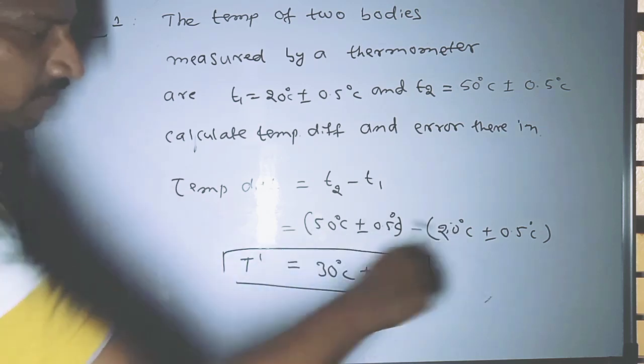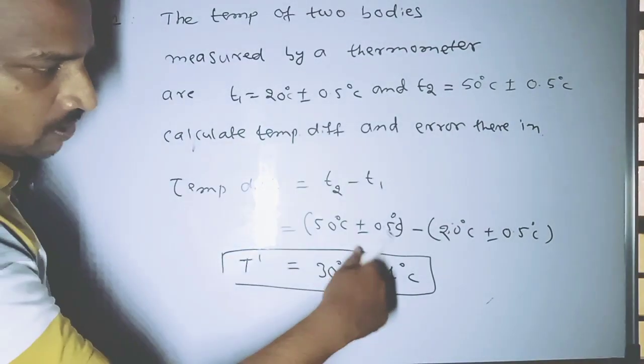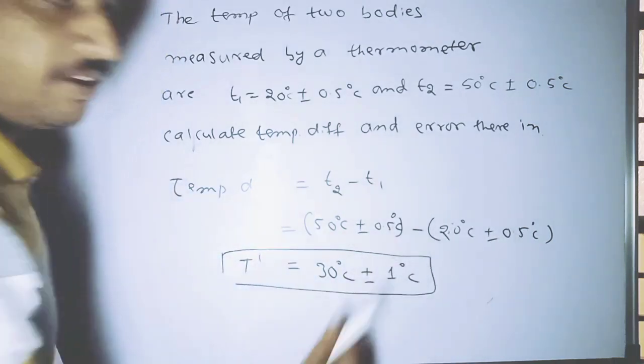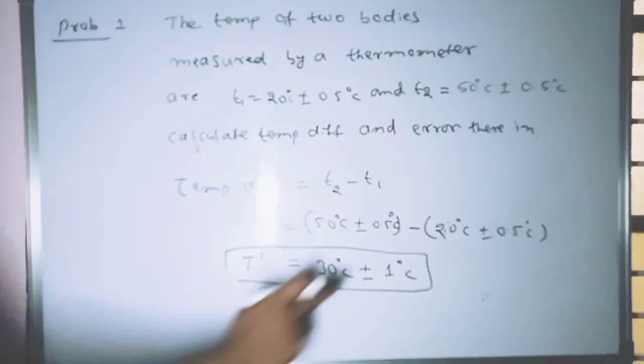Very simple: 50 minus 20 by the normal method, and 0.5 plus 0.5 is 1 degree centigrade, by using rule 1.